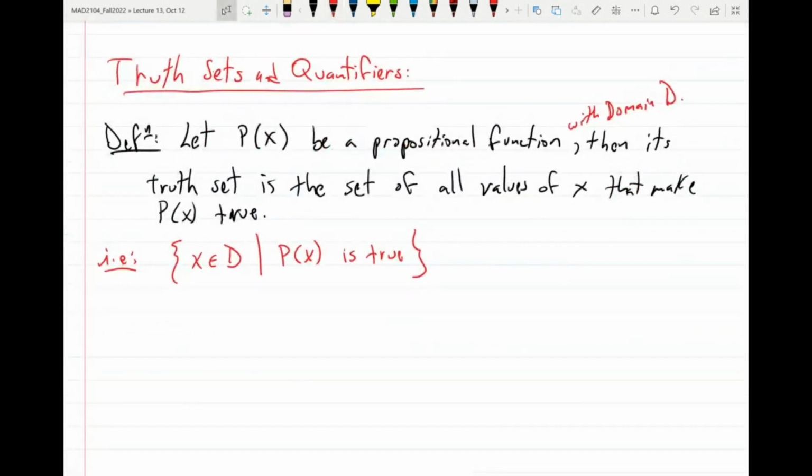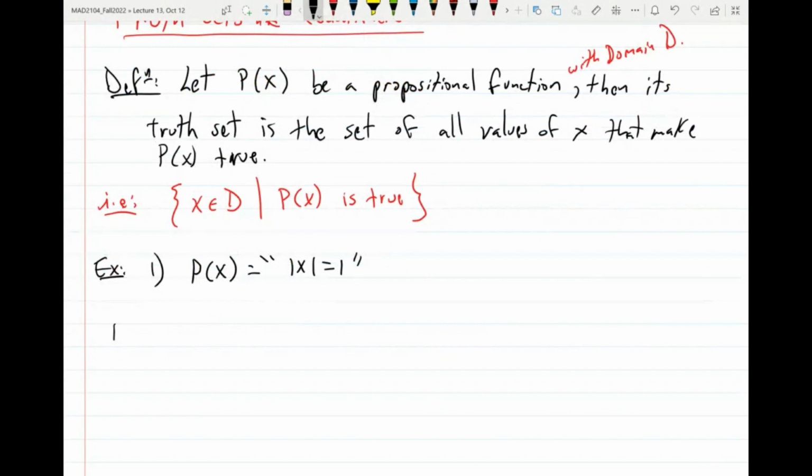For example, every time that you solve an equation, you're really finding the truth set of the corresponding propositional function. I'll give you an example. Imagine that our P of X is the propositional function absolute value of X equals 1. What's the truth set here? To find the truth set, you really need to solve this equation.